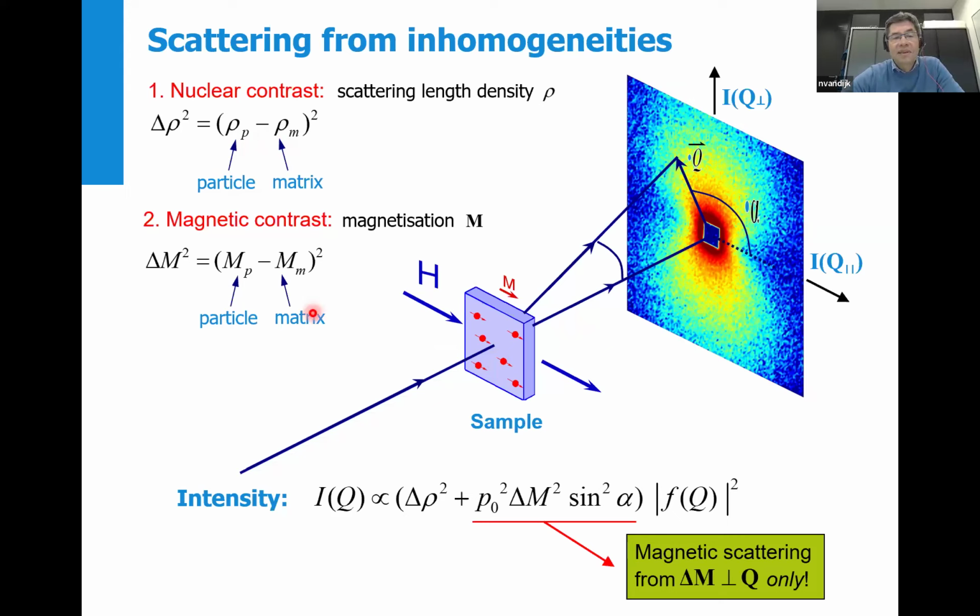You can also have a difference in magnetization, and because the neutron is a magnetic particle, it also interacts with the magnetism. So if there is a difference in the magnetization between the matrix and the precipitate, that will also cause magnetic scattering. The thing is that magnetic scattering is anisotropic.